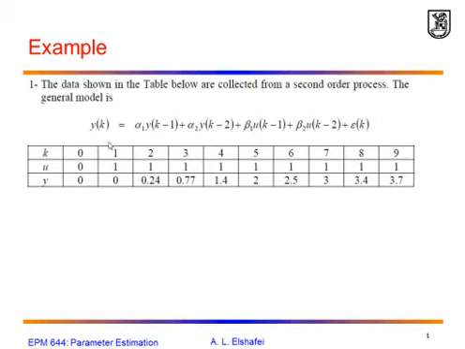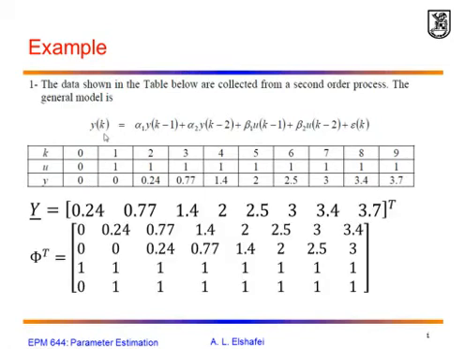Now in order to form the vector y, we will notice here that we will always need two samples of delay in order to construct the regressor, which means that if I have y(k), I will need y(k-1) and y(k-2) in order to construct my regressor.